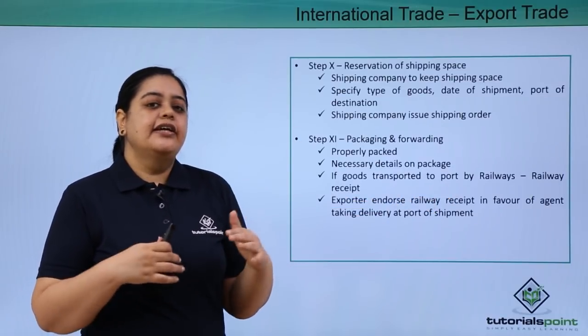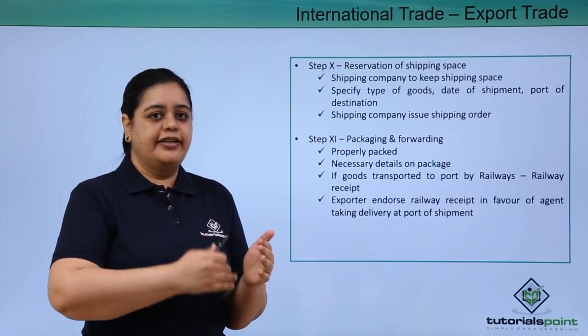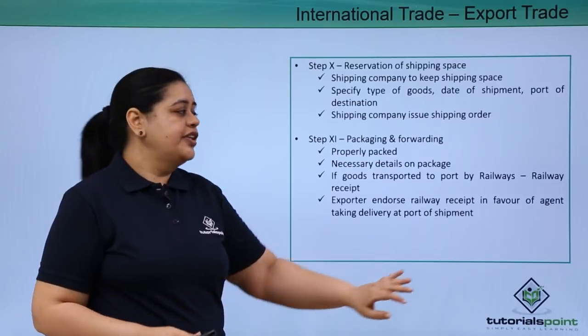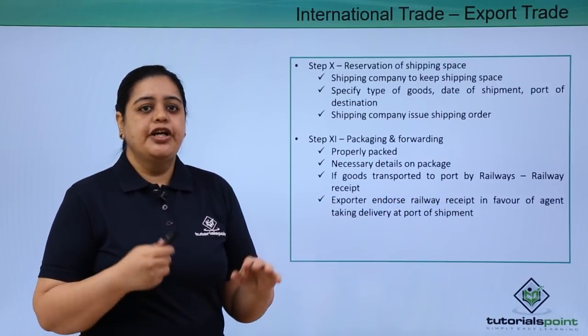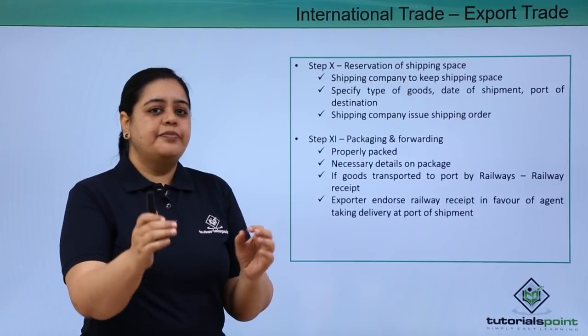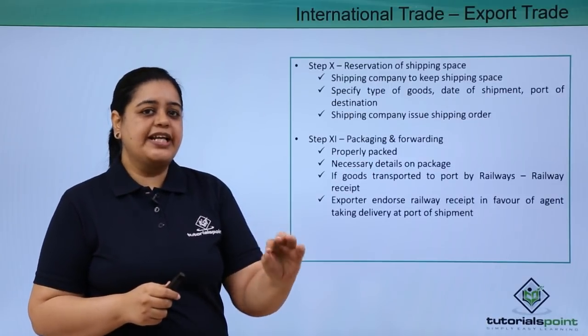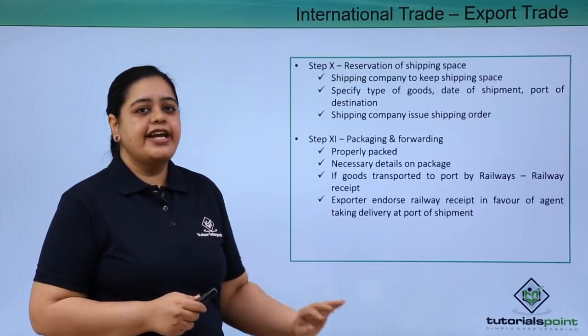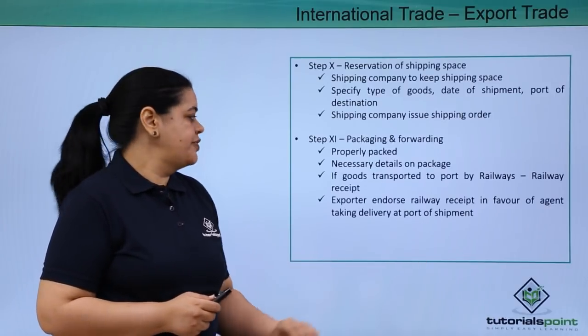Now railways provide this facility that it will ensure that the cargo reaches the port in Mumbai. So they will issue this railway receipt which is required, so that the port of shipment, that is the place from where the goods would be shipped, is reached. And railways ensure that your cargo reaches that port of shipment.